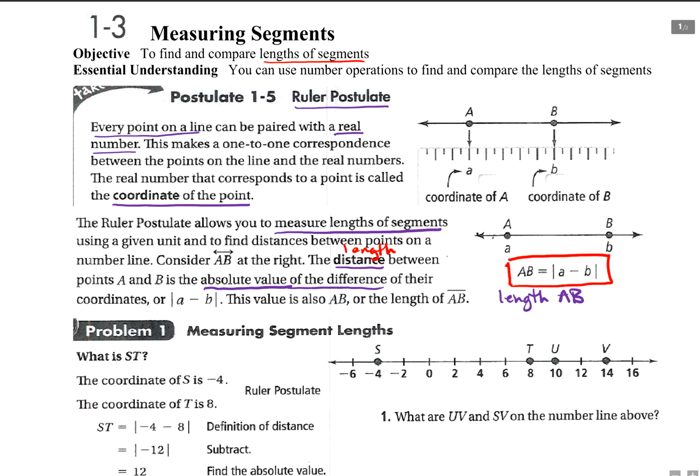And if you find AB here, notice this just says AB. There's no bar on the top of it with no arrows or anything. So this is length AB, which is very different from segment AB, ray AB, or line AB, which we learned about in the last lesson. All right, so important formula there.